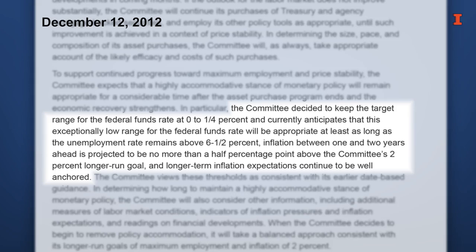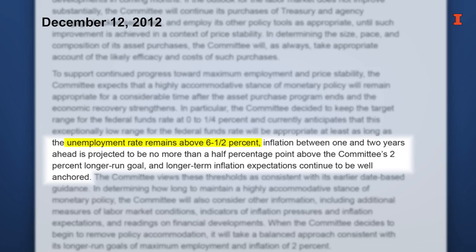The FOMC says that the target federal funds rate will remain at zero as long as, first, unemployment is above 6.5%. Second, expected inflation in 1 or 2 years is not above 2.5%. And third, inflation expectations remain well anchored.